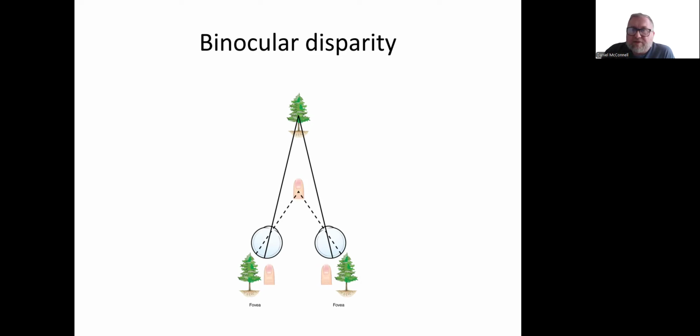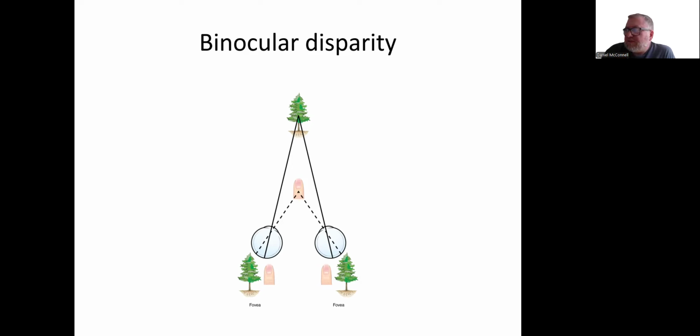But what you're going to notice is that if you keep both eyes open as you do this, and then close your eyes and alternate them left and right, you probably can't see it on the screen here, but I'm alternating my eyes. What's going to happen is that it's going to cause my thumb or finger in this case to appear to jump back and forth, right?